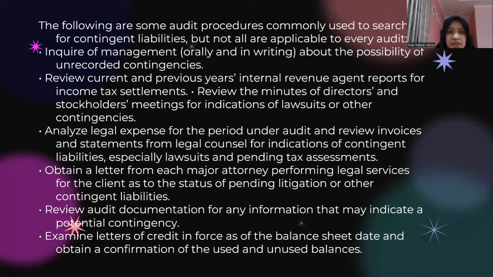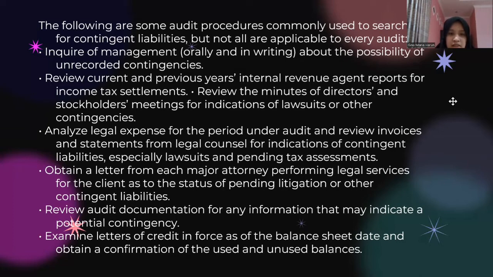The following are some of the procedures commonly used to search for contingent liabilities, but not all are applicable to every audit. First, inquire of management orally and in writing about the possibility of unrecorded contingencies. Next, review current and previous years' Internal Revenue Agent reports for income tax settlements.